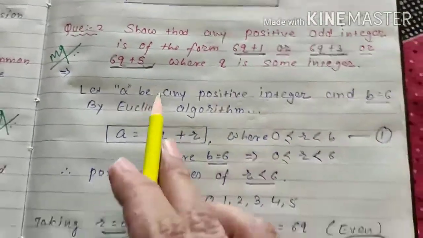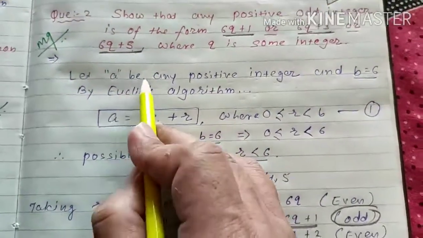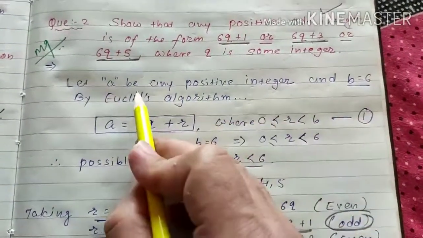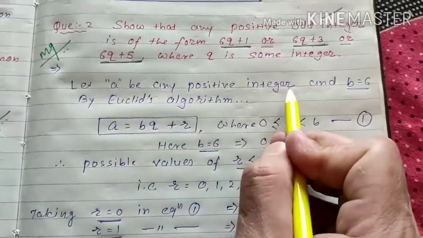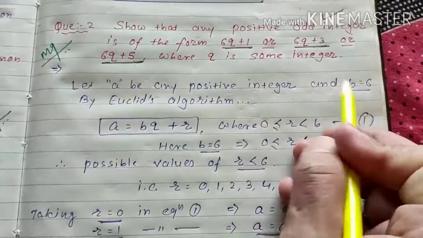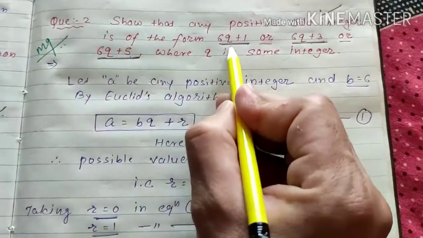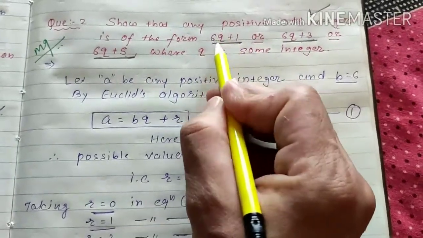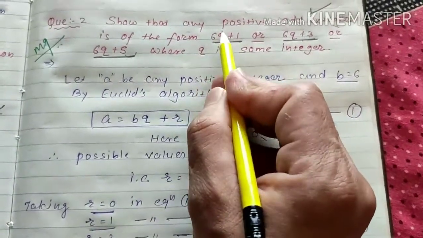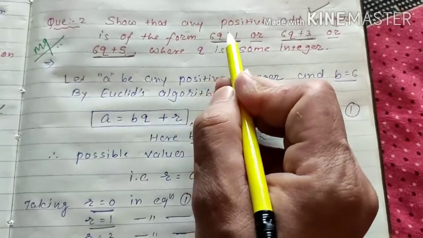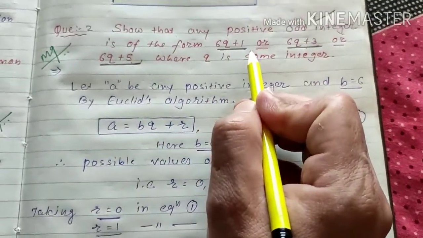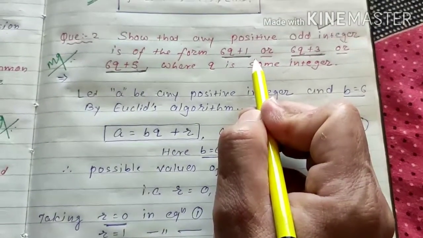Now see, what is our method? Let a be any positive integer and b is equal to 6. Here q is the multiplier, and we take b as 6, because a is equal to bq plus r, which is Euclid's division lemma.